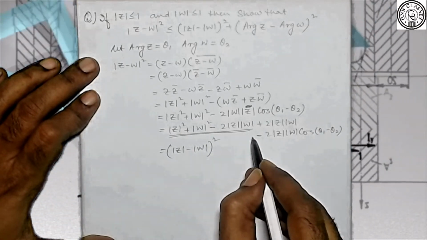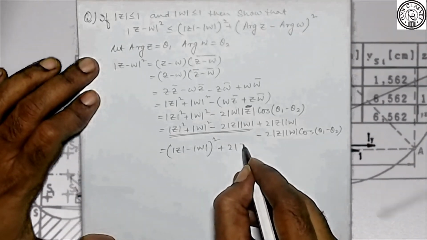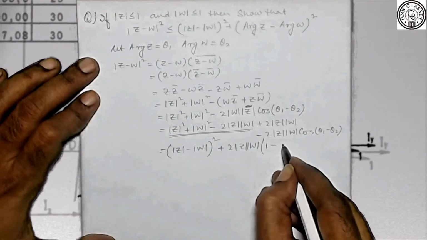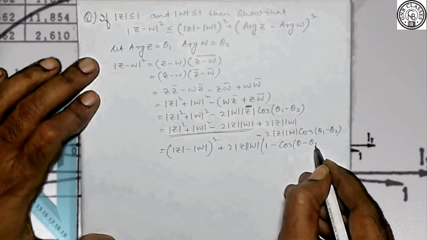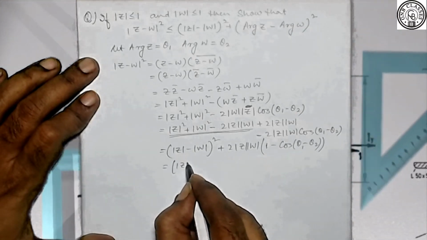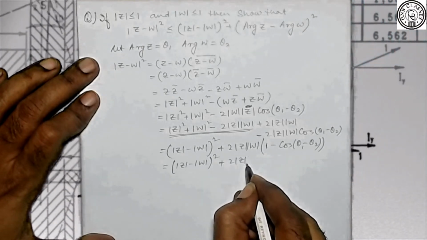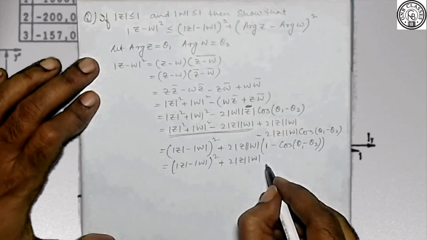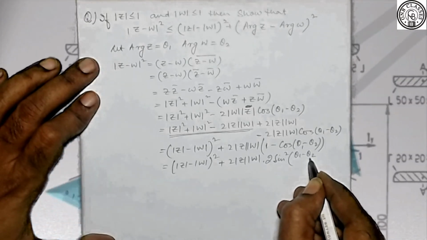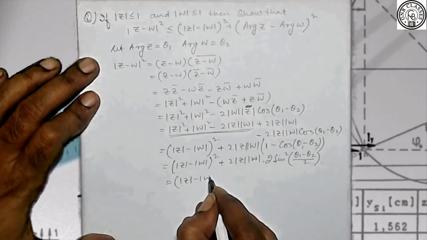To get this thing, I have subtracted and I have added. Now if I take 2 mod z mod w common from this 2, so we are having 1 minus cos (theta 1 minus theta 2), which can also be written as, one minus cos theta can be written as 2 sine square theta by 2.